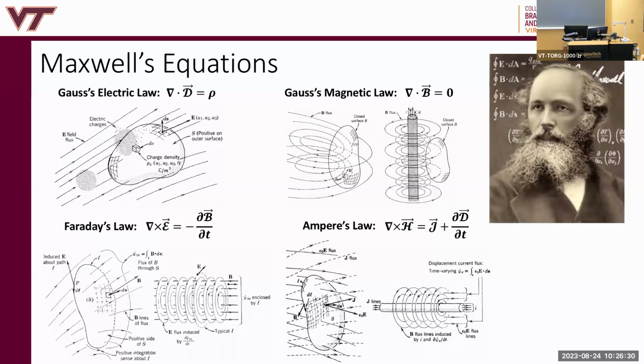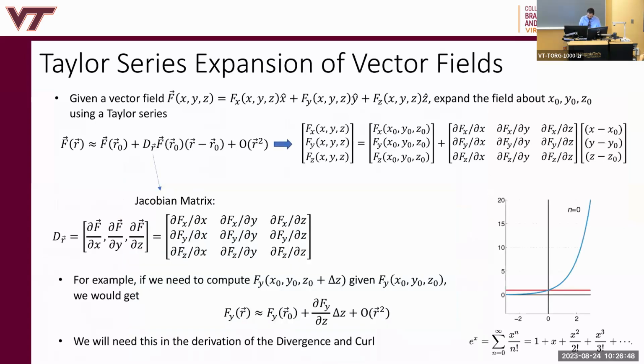These two first laws specify the divergence and the curl of the vector field E once you introduce the constitutive relations, and these 2 Maxwell equations specify the divergence and the curl of H. We need all 4. That's why there are 4.